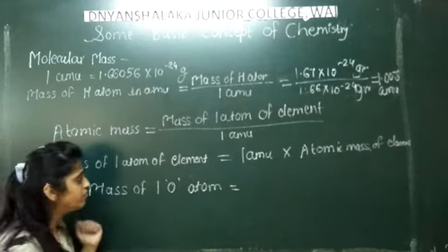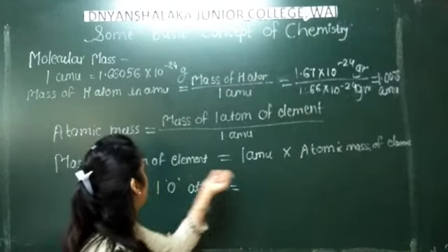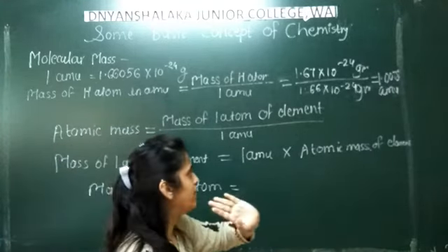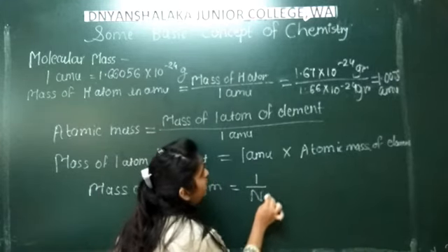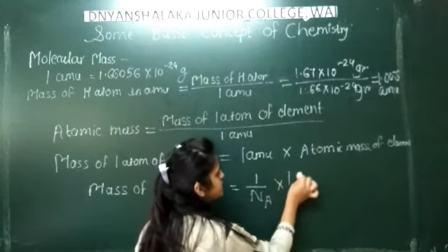Next we find the mass of one oxygen atom. The formula is mass of one atom of an element equals 1 AMU into the atomic mass of the element. 1 AMU is equal to 1 upon Na, and the atomic mass of oxygen is 16.